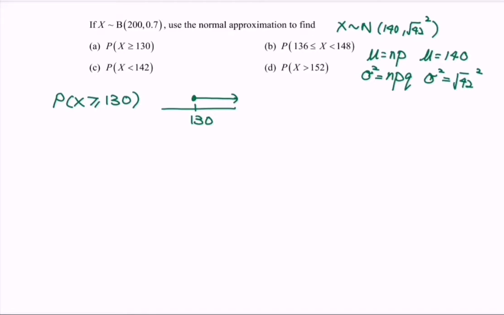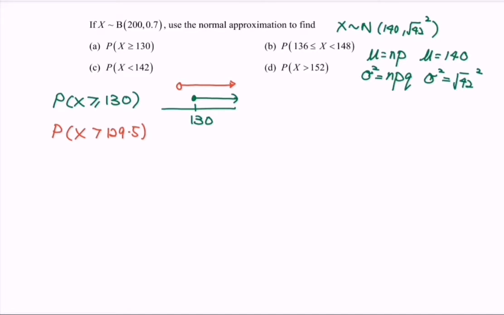So what we have to do is modify the situation with the continuity correction, which is an empty circle on the left hand side. So here we have the probability that x is greater than 129.5, which is 130 minus 0.5. That is the first step, continuity correction.